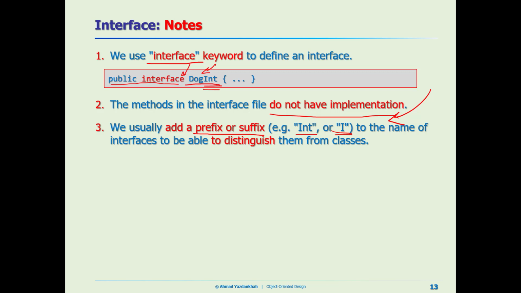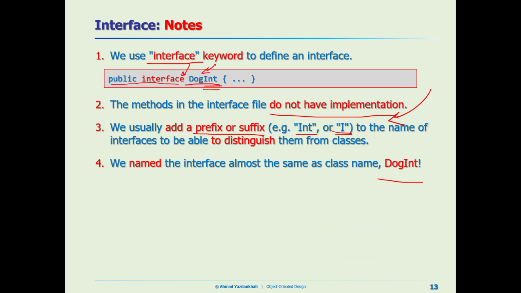So we named it DogInt in our previous slide, but this is not the way that we do it in practice. In practice, when we create an interface, that interface should have a higher level abstraction name. What does it mean?